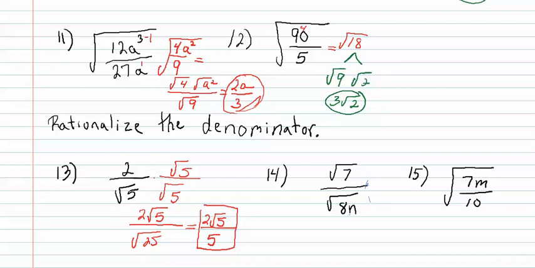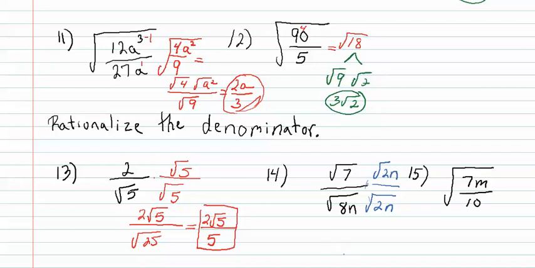I need to get the denominator to be a perfect square. And I have an 8. Well, 8 times 2 is 16. Is 16 a perfect square? It is. So I'm going to multiply this by square root of 2. And then I have an n, which is not a perfect square. But if I multiply it with another n, it'll create a perfect square. So what I do to the bottom, I have to do to the top.